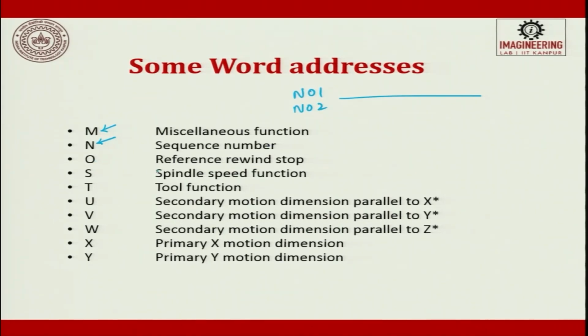O is reference for rewind stop, this is nowadays getting removed. And why are we still talking about these tapes and punch cards is, even today in very big industries where they bought the machines 40 years back, they still use the old techniques for pulling in the part program from the stored memory. So, we have cassettes, we have punch tapes even today, we have sheets, punch cards are even today available.